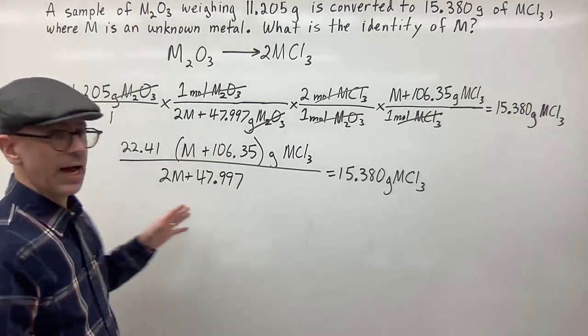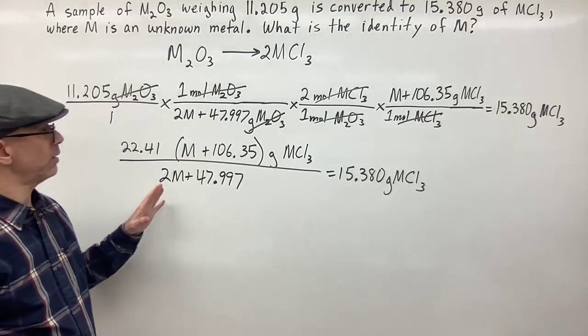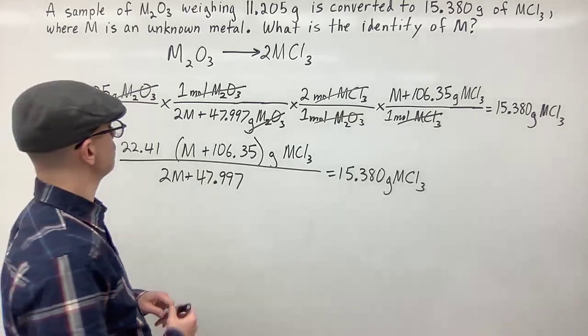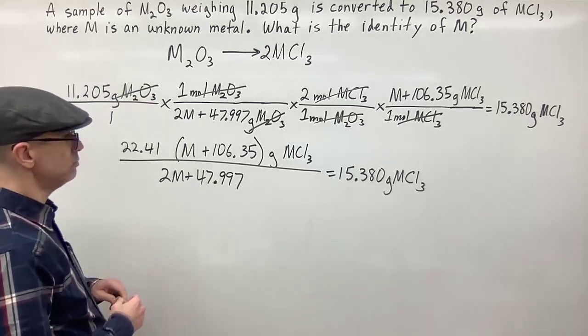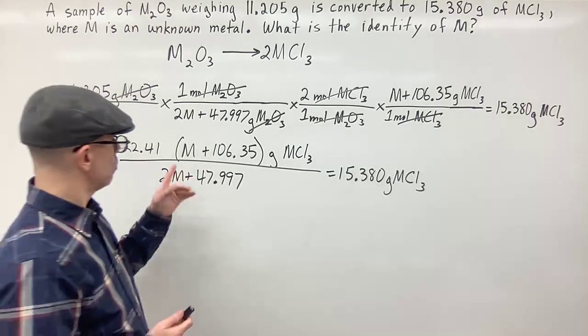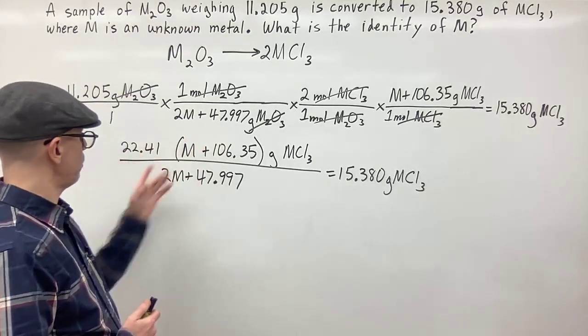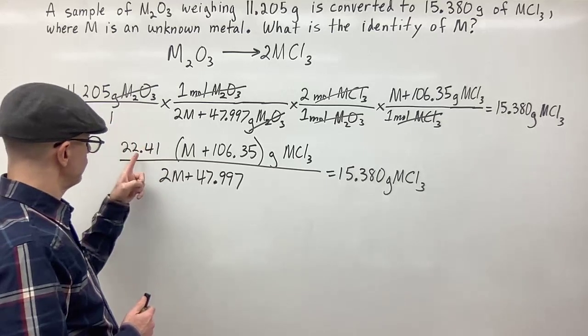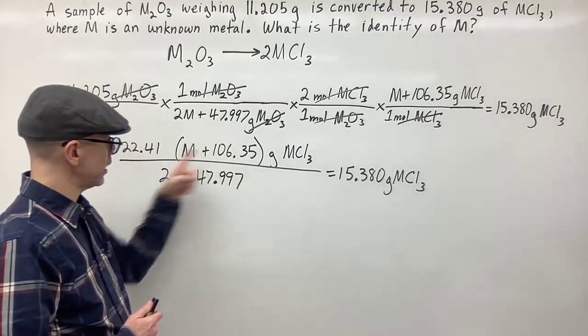Okay, so now we're going to clean this up a little bit. I've got to kind of do the FOIL method, multiply this out here.